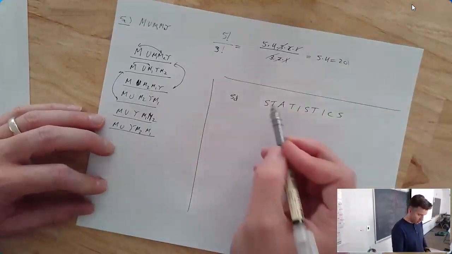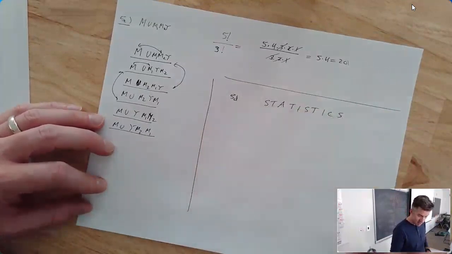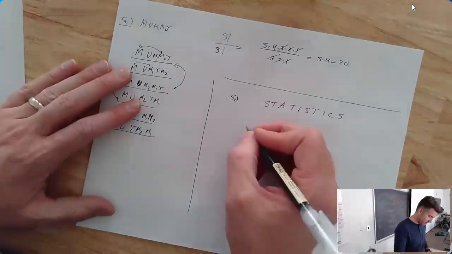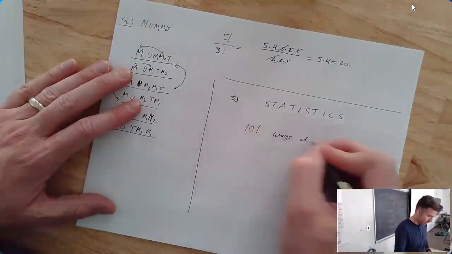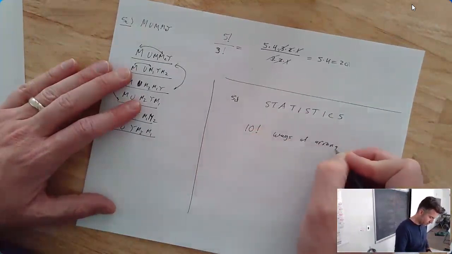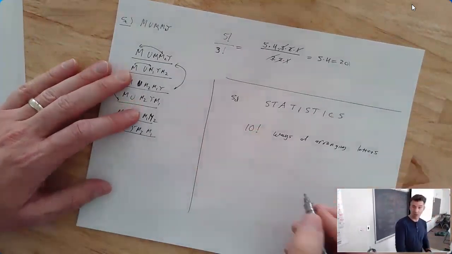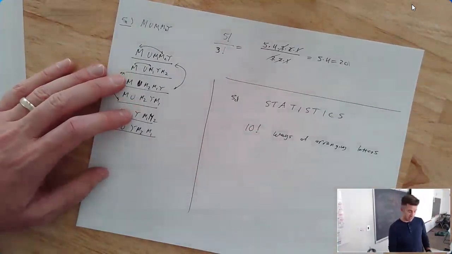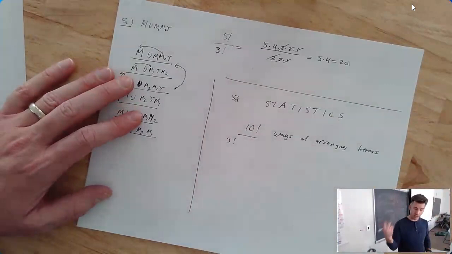Well, let's see. There are 1, 2, 3, 4, 5, 6, 7, 8, 9, 10 total letters in it. So there are 10 factorial ways of arranging the letters. But some of them are going to look like repeats because there are 3 S's. So I need to divide by 3 factorial ways of ordering the S's.